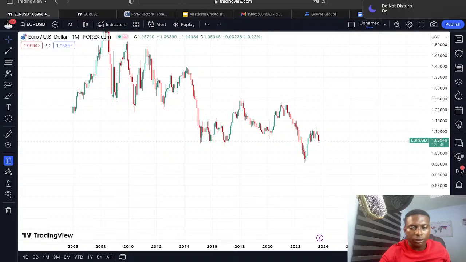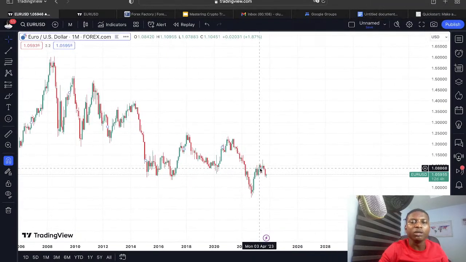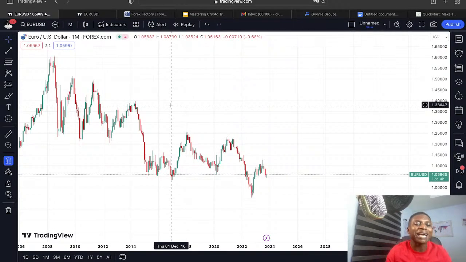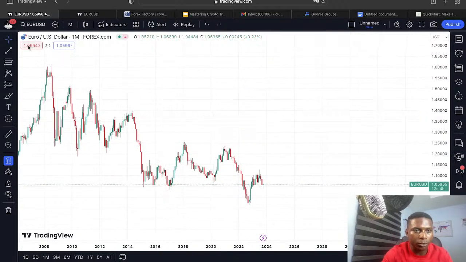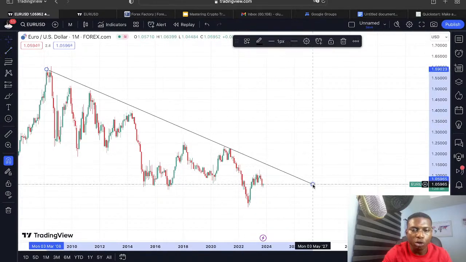Now, when we look at this overview of Euro USD from the monthly time frame, we are going to carry out this analysis together. So in today's class, we are all doing this analysis together. If I'm going to ask you, what is the overall market direction or market structure of Euro USD?